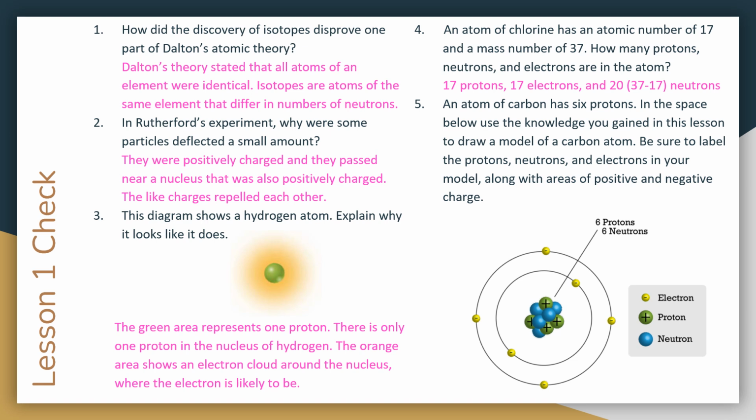We want to make sure in ours that we can see the 6 protons and the 6 electrons and the 6 neutrons. So we want to make sure that we can see all of that in our model. And that finishes lesson 1.